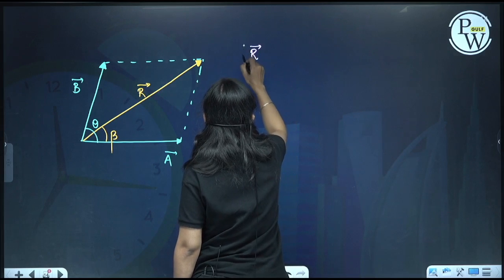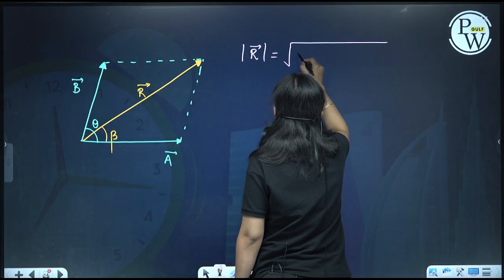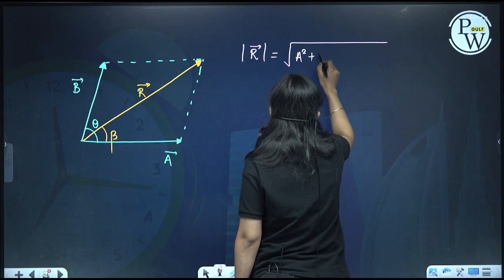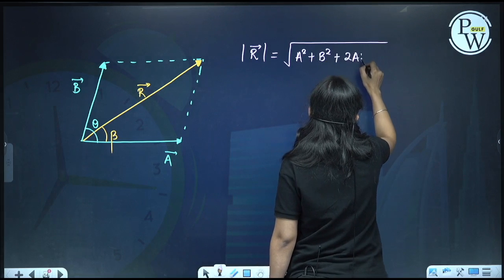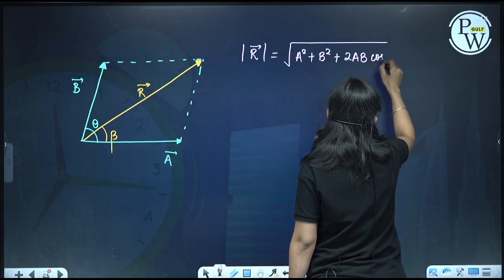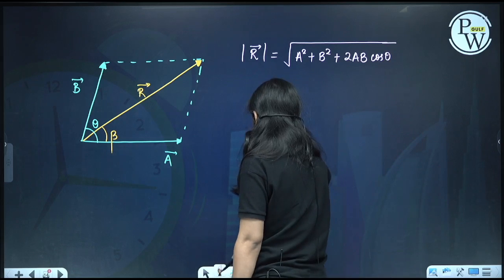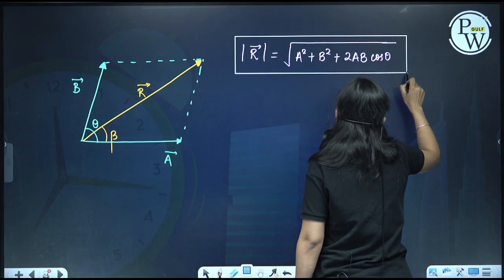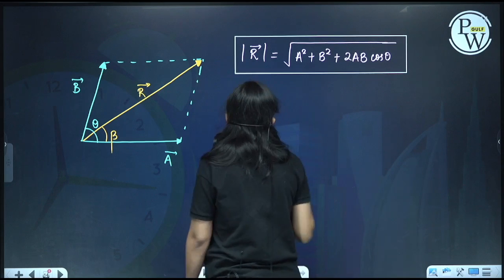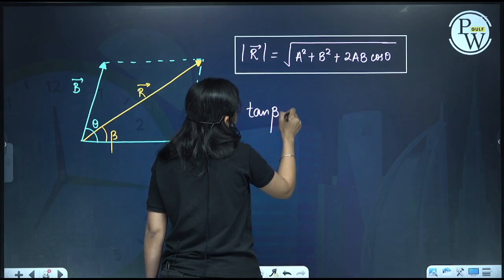The magnitude of R will be equal to the square root of A square plus B square plus 2AB cos theta, where theta is the angle between the two vectors.